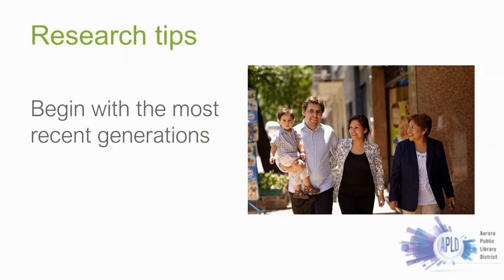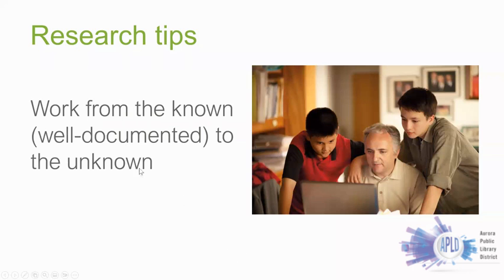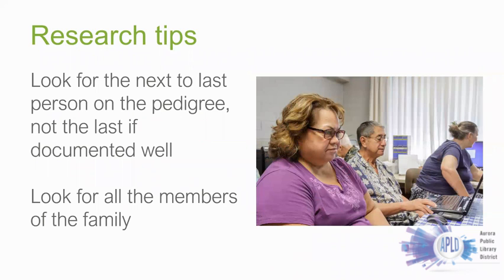So start by documenting everything. Work from the known, well-documented person towards the unknown. Don't go all the way to the end of your pedigree chart and start there. Start with the next to last person on the pedigree, not the last one, only if that one's documented well. If not, back up, keep backing up until you find some that are well documented.